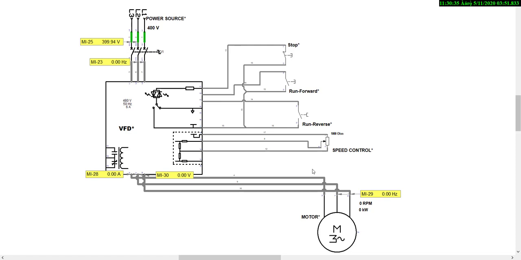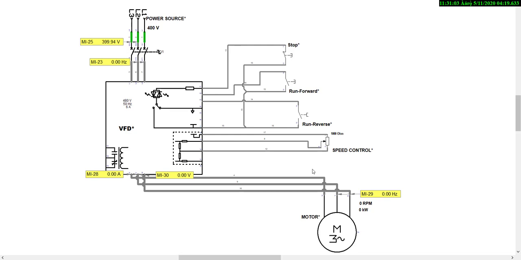At times, IGBTs, insulated gate bipolar transistors, are used too, and it's either SCR or IGBT for the design of a VFD. IGBTs are solid state switches that are used to switch a signal. It depends on what you want to do. IGBT switching is the best method for VFD voltage inversion.